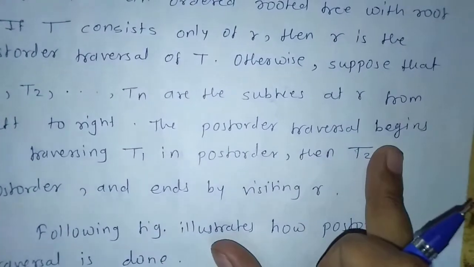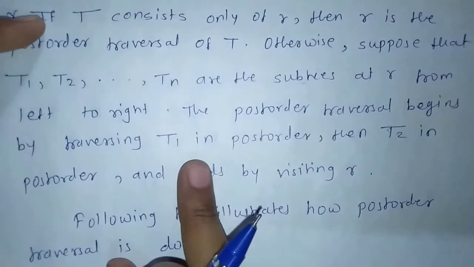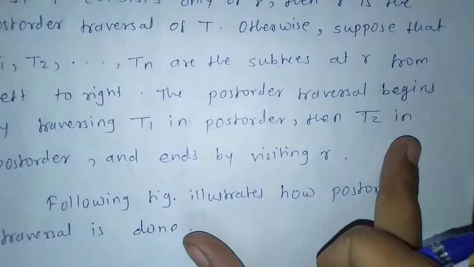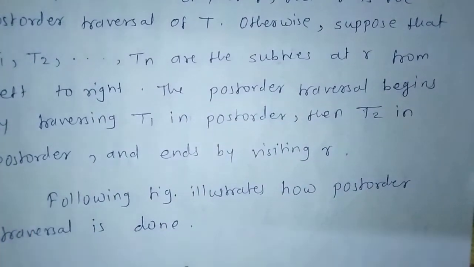The postorder traversal begins by traversing T1 in postorder, then T2 in postorder and ends by visiting R.